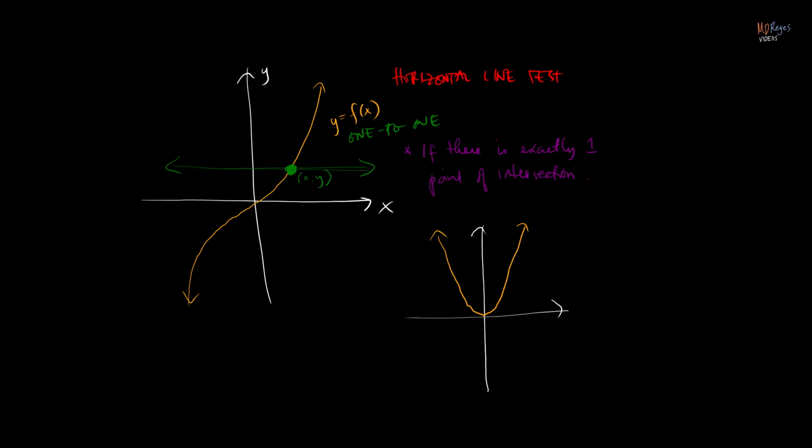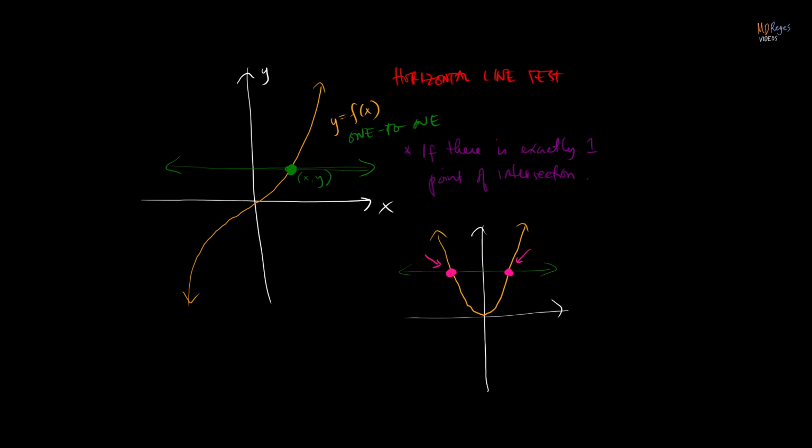Otherwise, if we have, for example, this parabola opening upward with vertex at the origin, drawing a horizontal line through the graph, you see they intersect at this point and also here. So you have 2 points of intersection. Therefore the function is not one-to-one.